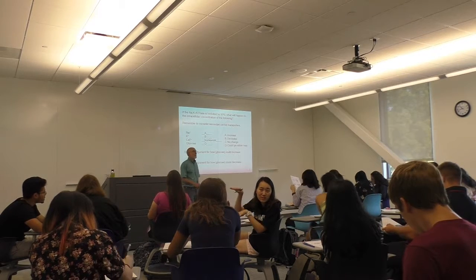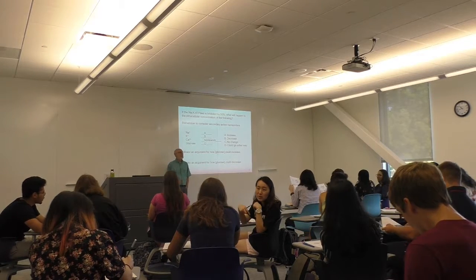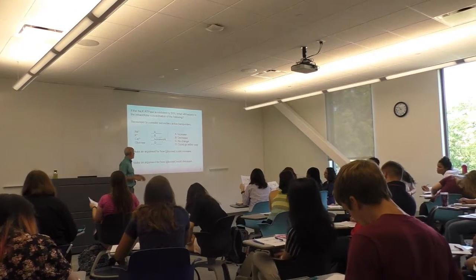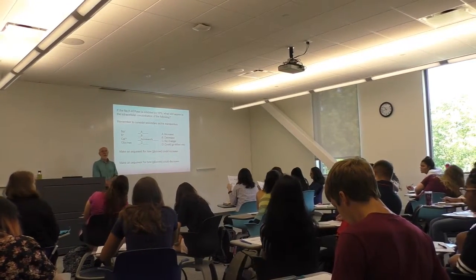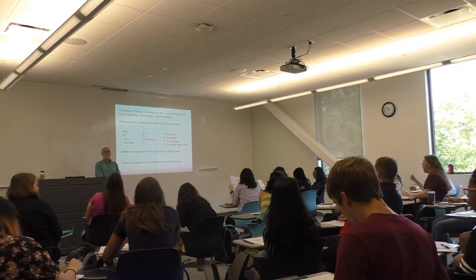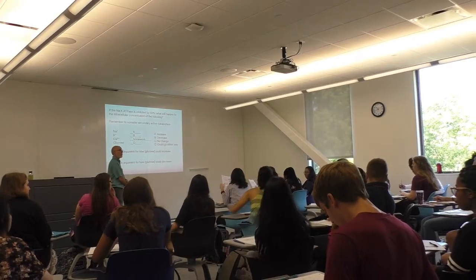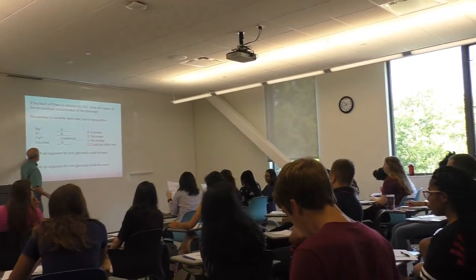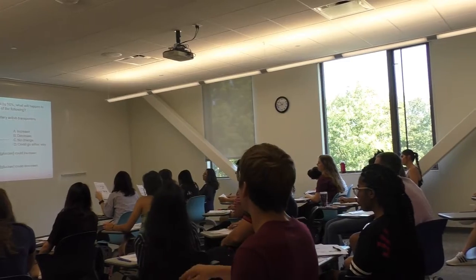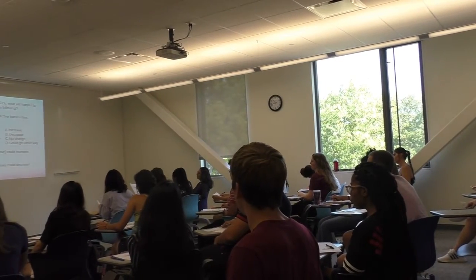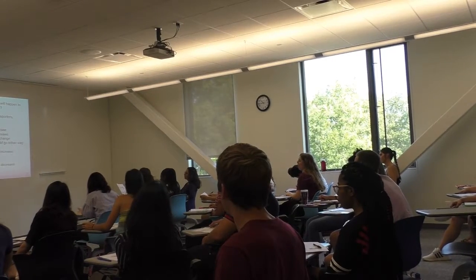Okay, does someone want to volunteer? Does someone want to volunteer to answer either of these questions? An argument for either way, your choice. I think A, because in a previous class we talked about how glucose can be coupled with sodium.